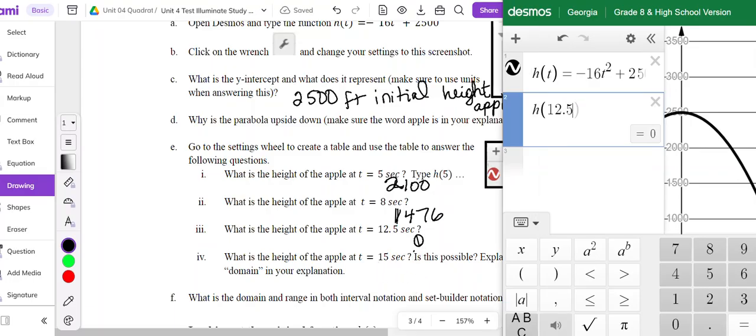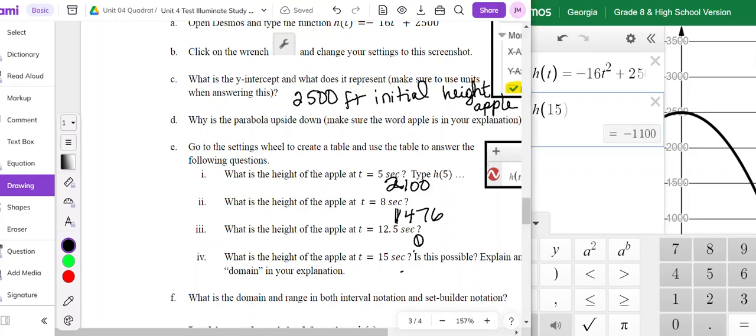And h of 15 gives you negative 1100. It's like a 7, but it's 1. All right, and feet.